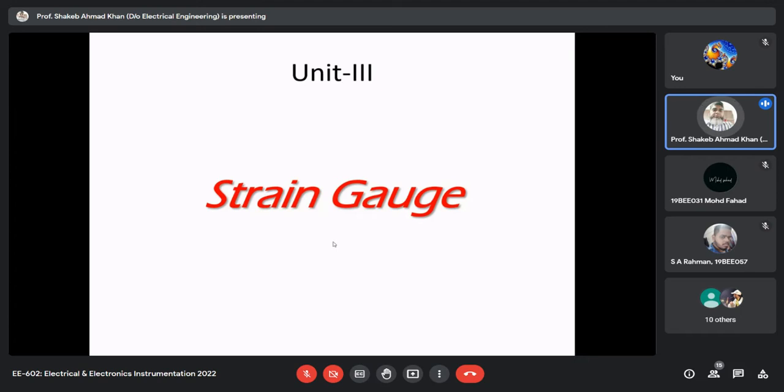As far as this course is concerned, this converted parameter may be electrical or non-electrical. But here we are interested only in that class of sensor which converts a non-electrical parameter into an electrical parameter. Why is this conversion required?